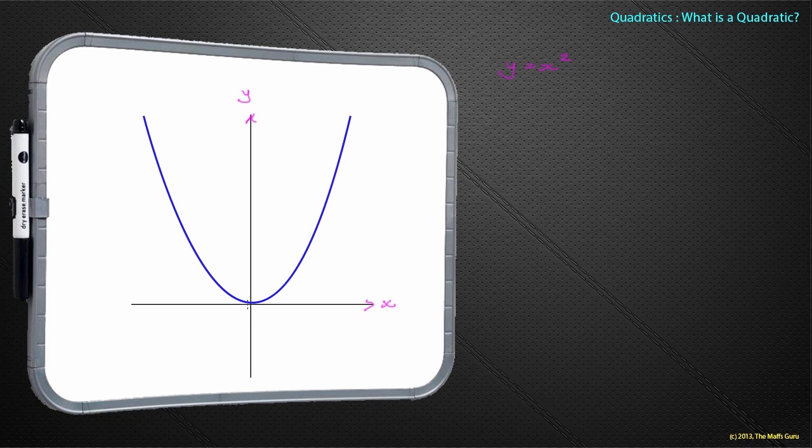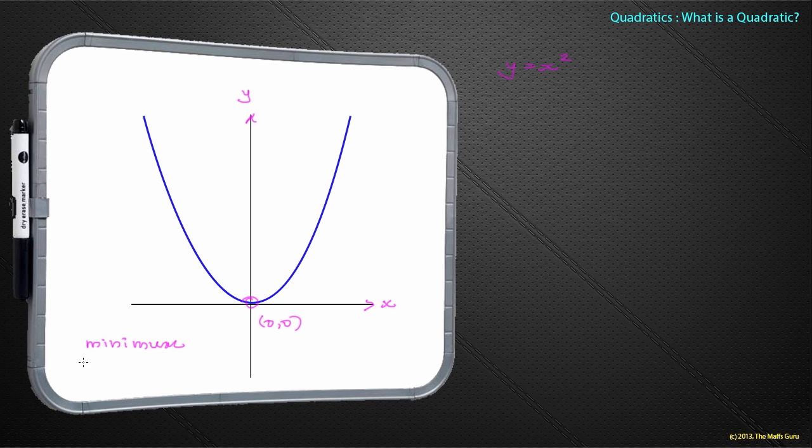What do we know? Well, we know that this point here goes through the origin. The lowest point of a standard quadratic goes through the origin. That bottom point actually has a name, and it's called the minimum. Why is it called the minimum? Because it's the lowest point, the lowest it goes to.